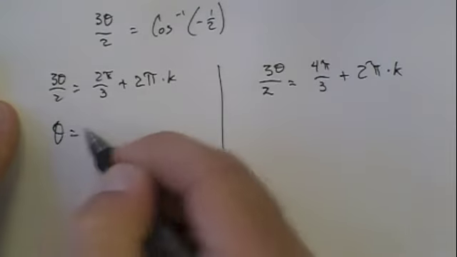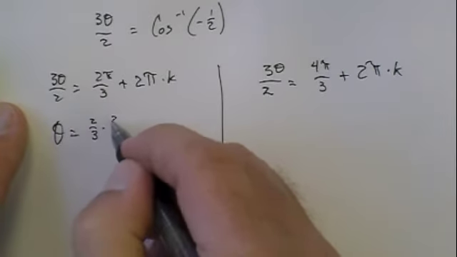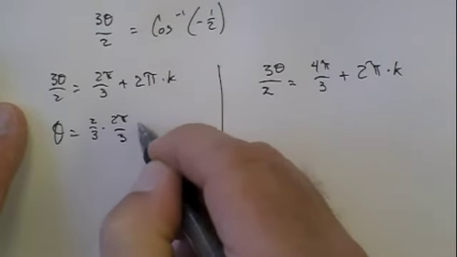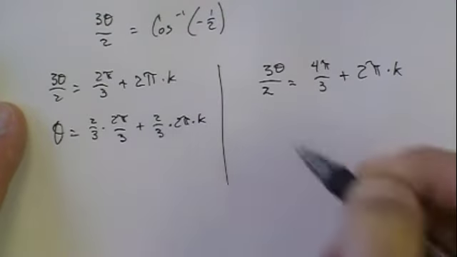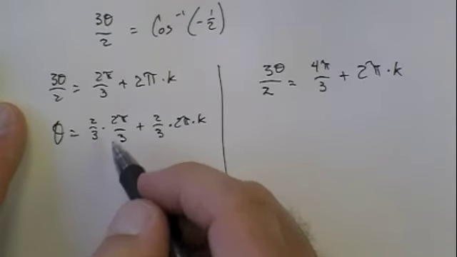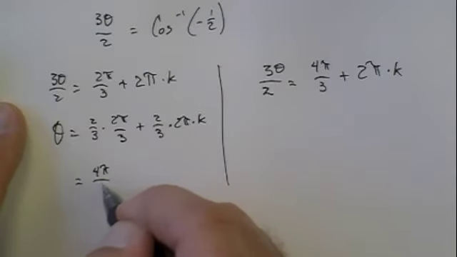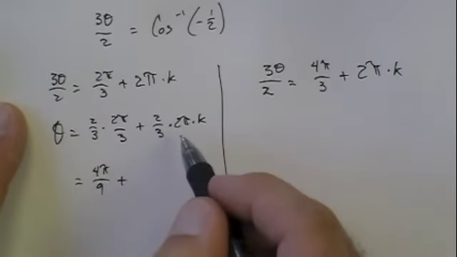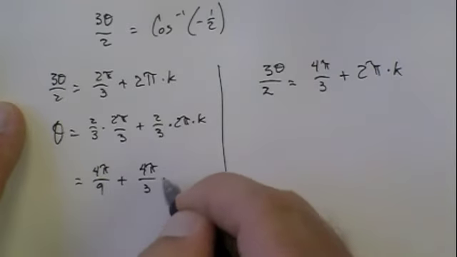So we have theta is equal to 2/3 times 2 pi over 3 plus 2/3 times 2 pi times k. So here we end up with 4 pi over 9 plus 4 pi over 3 times k.